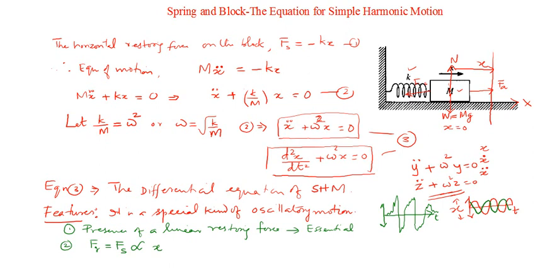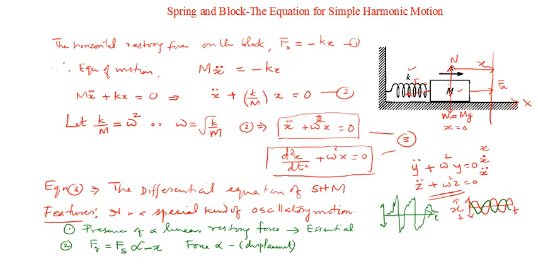Not only is it directly proportional to displacement, it should be directed opposite to the displacement. Okay, so if the restoring force is proportional to displacement, which is always measured from the mean position, then there will be SHM.